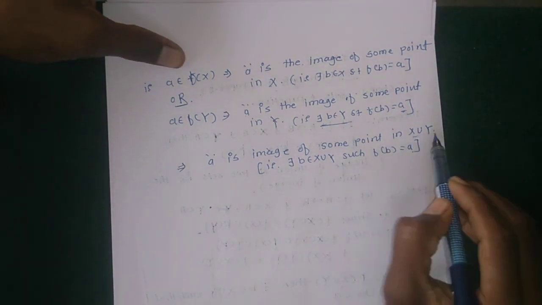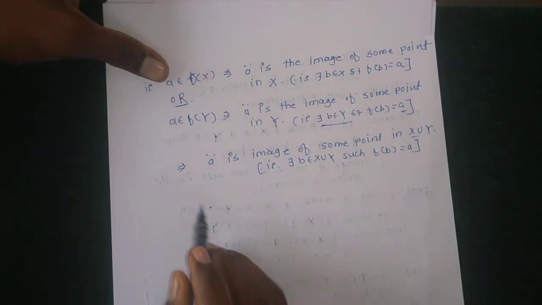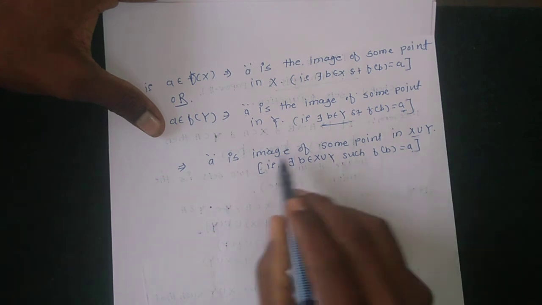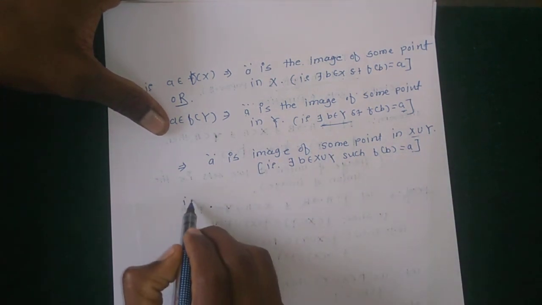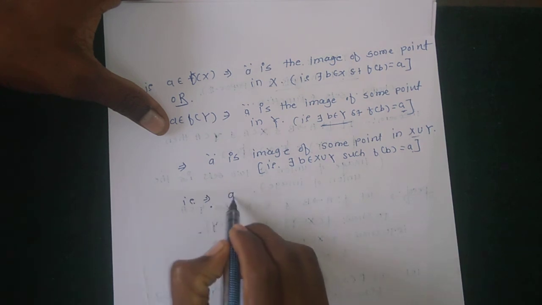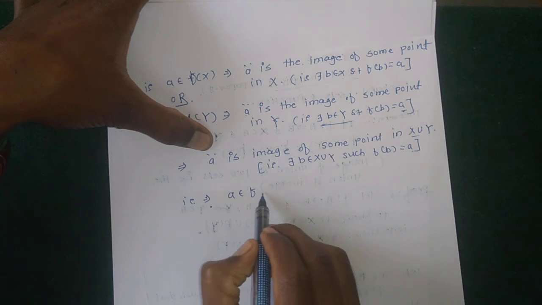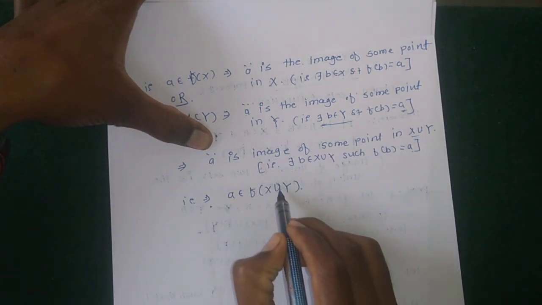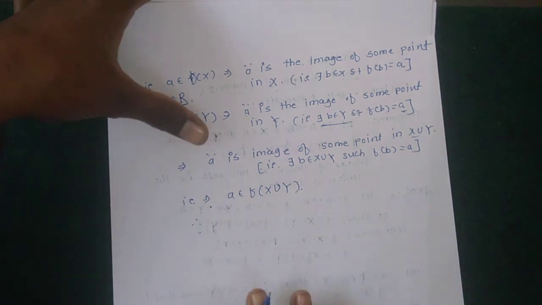X union y is a subset of the domain. So a is the image of some point in x union y. That is, a belongs to the image of x union y.